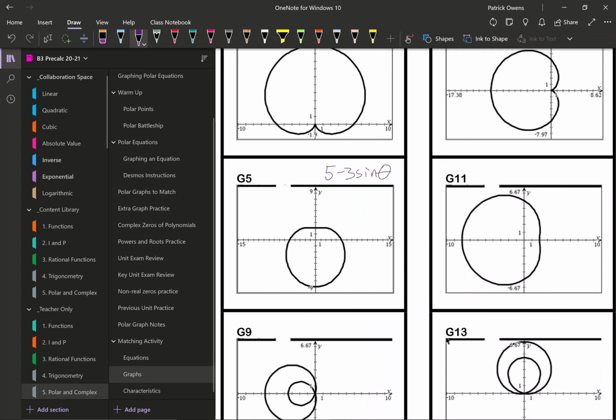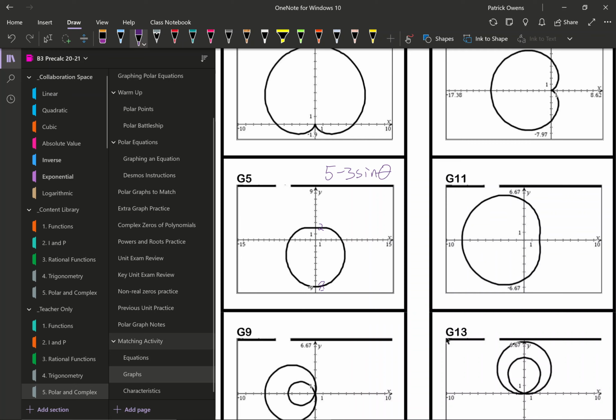If we take a look at our values, I believe it's supposed to be labeled that -8 is the bottom, but our outer loop, our bigger part, should be at the sum of the two numbers, and our dimple, our dent, or if there's an inner loop, that is going to be at the difference. So that's why we have 8 and 2 here.